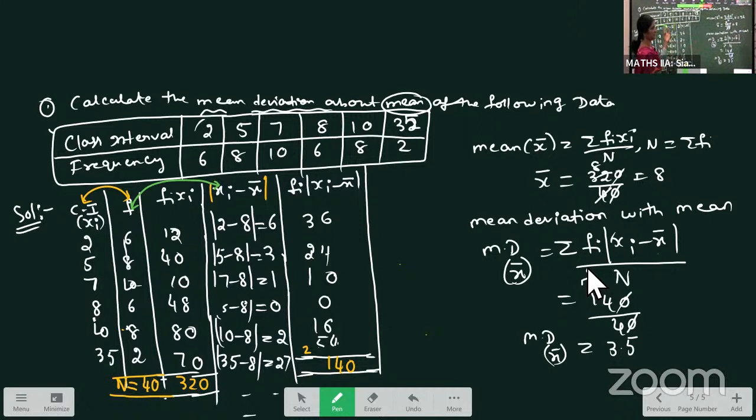In modulus, if you get a negative value, it takes only the positive value. Like that we got Xi minus X bar. Then immediately multiply with frequency, that is Fi into Xi minus X bar. We will be getting the total as 140. Then substituting in the formula, 140 by 40 is 3.5. The value of mean deviation about mean we are getting is 3.5. Like that we have to do it.